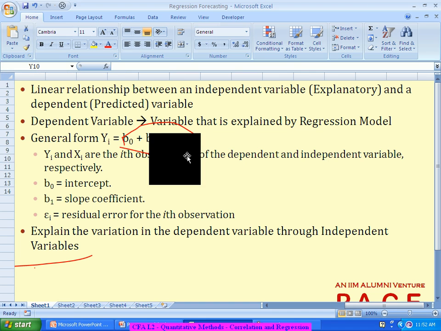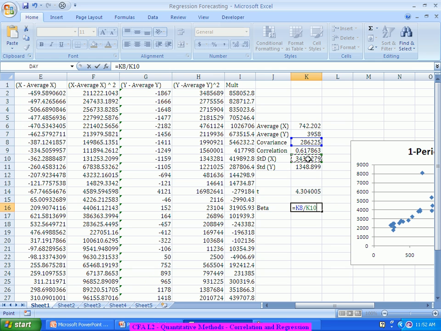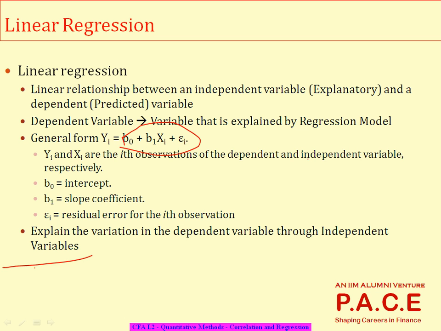If I try to find the coefficient, when I say beta, it is the covariance between the two divided by the variance of x. I have the standard deviation, so I'll square it to arrive at the variance of x. So beta is 2.42 in this case. So in my equation, b1 is 2.42.